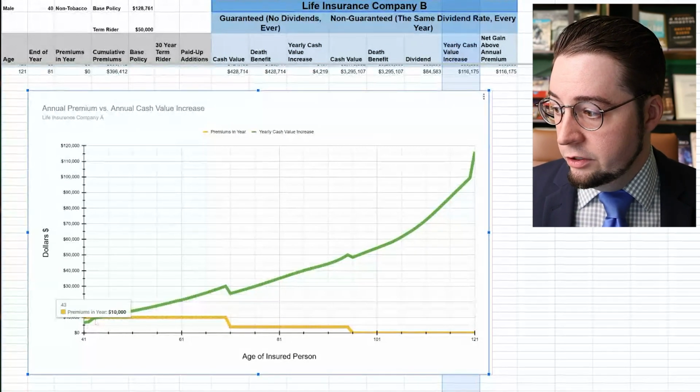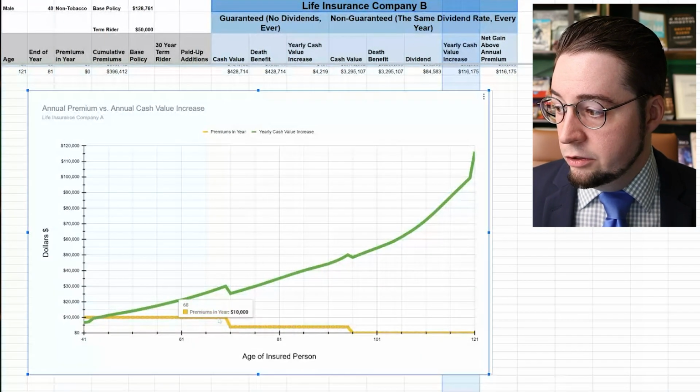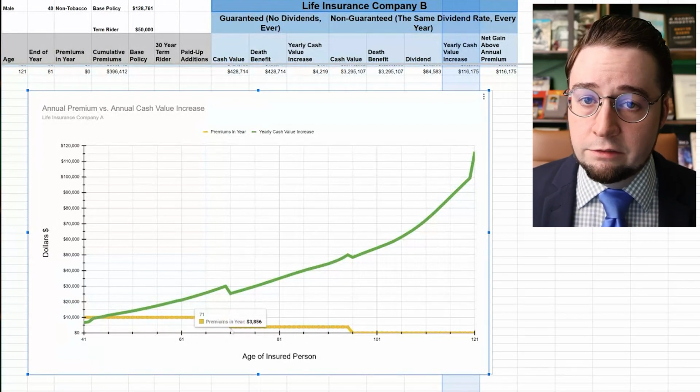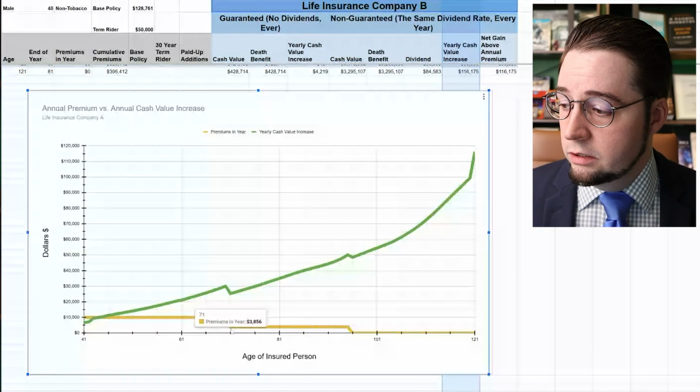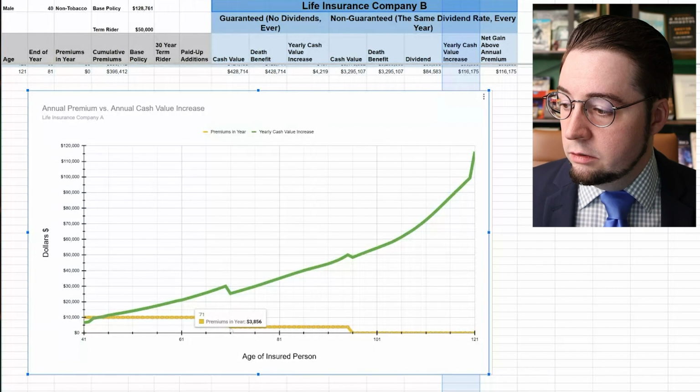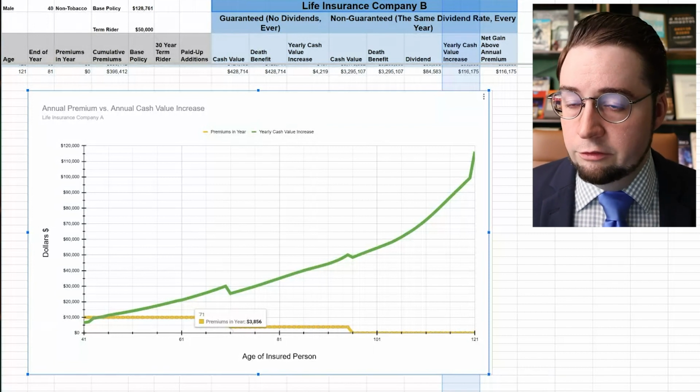You're going to have your yearly increase in cash value in green going up, and your annual premiums that drop in year 30, which is the age 70 of the individual we're considering here. But it doesn't go to zero like the first policy does.